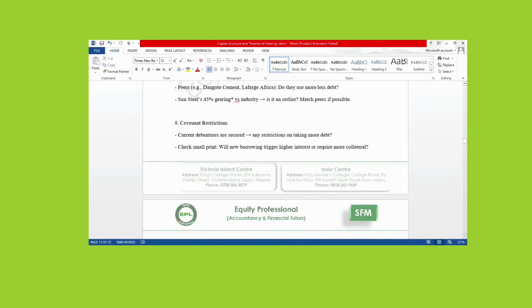The new loan can trigger higher interest payments. We are going to review this factor. If the new loan will trigger higher interest, then we had better finance the business with equity. If there's a restriction on further borrowing, that means we don't have a choice. We have to rely on equity.